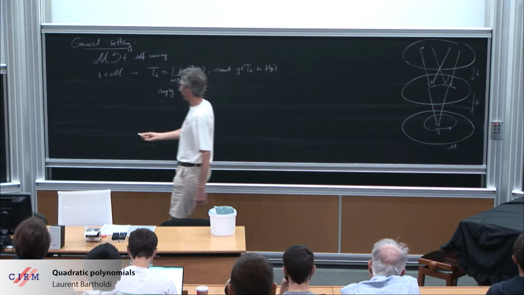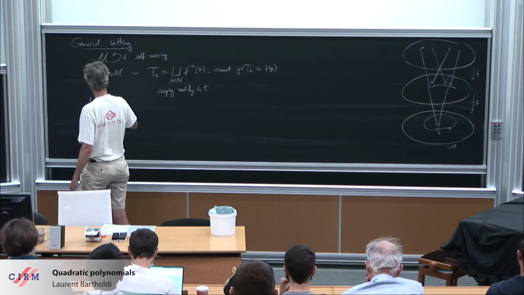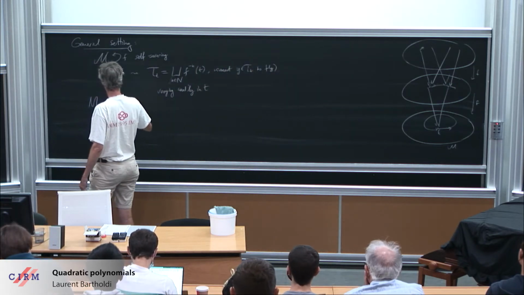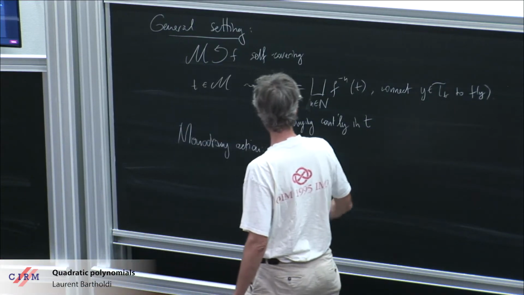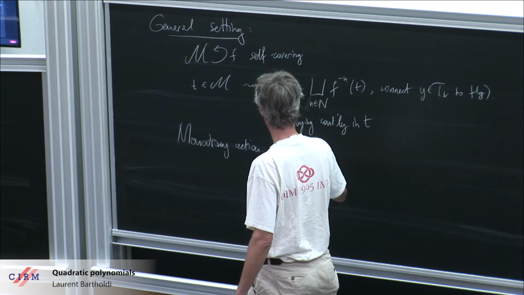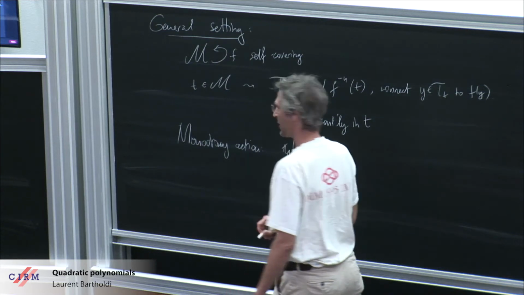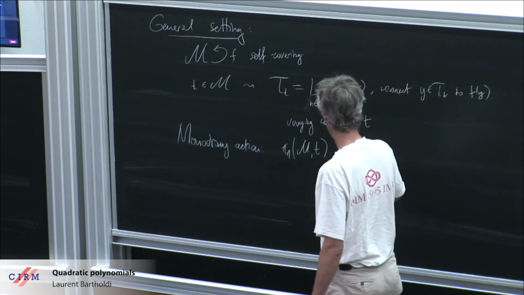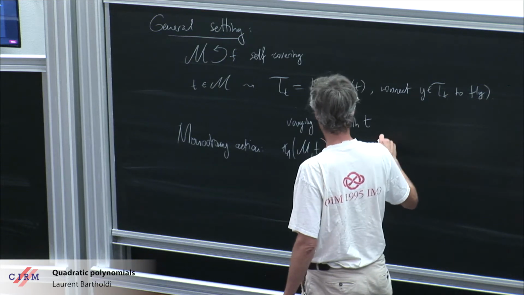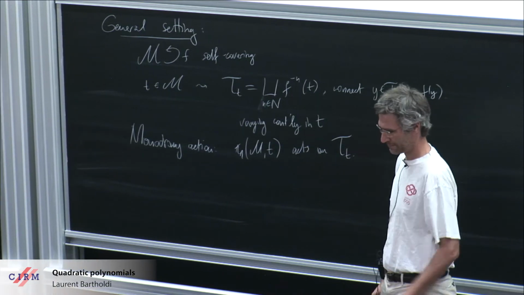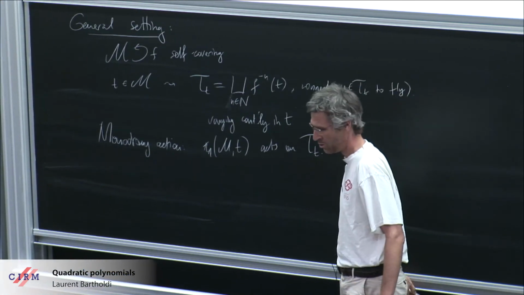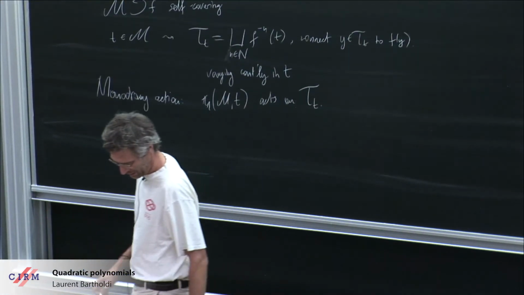So this is the monodromy action, which is that the fundamental group of my space based at T acts on this tree. So for now, I'm just repeating what we saw before.